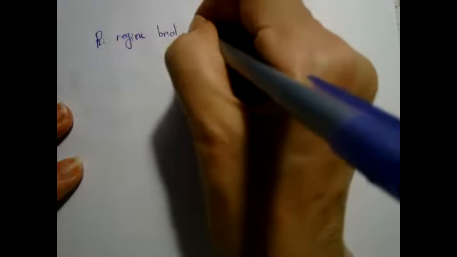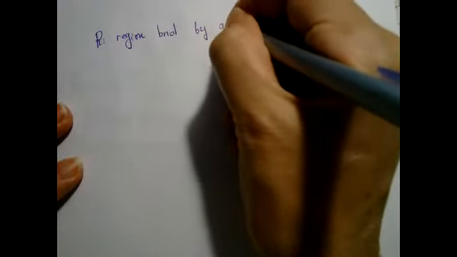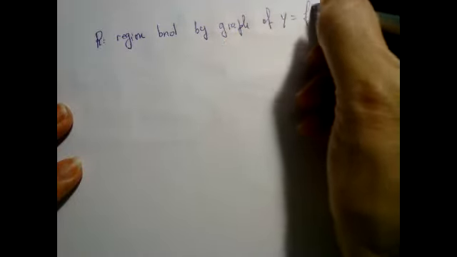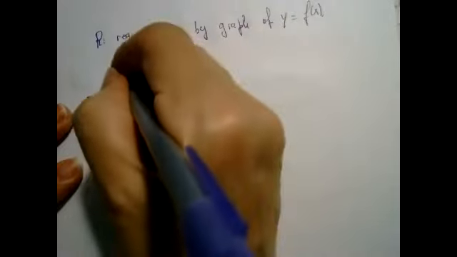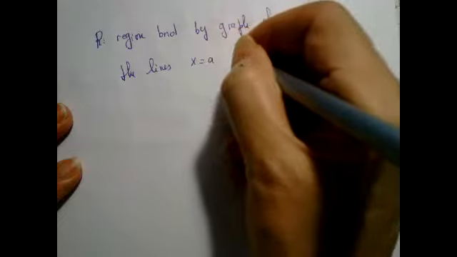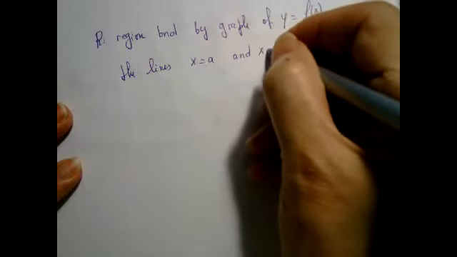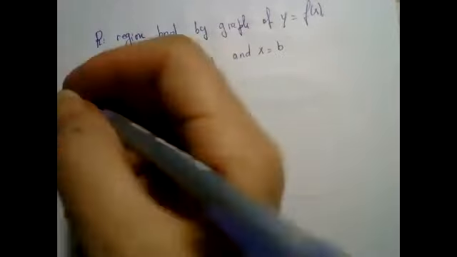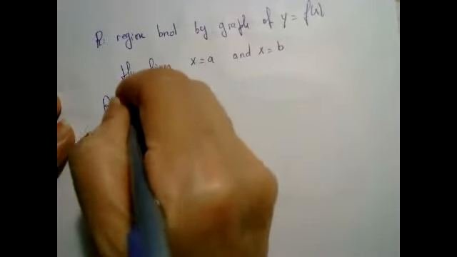Let R be the following region, the region bounded by the graph of y equals f of x and the lines x equals a and x equals b.